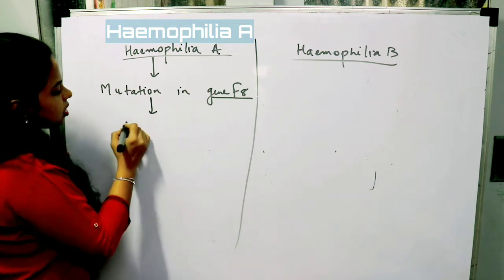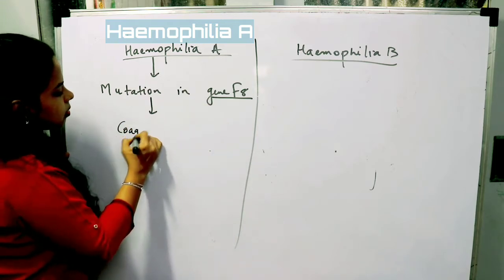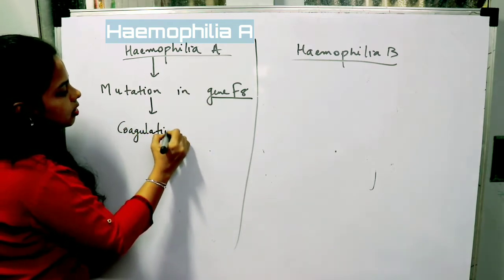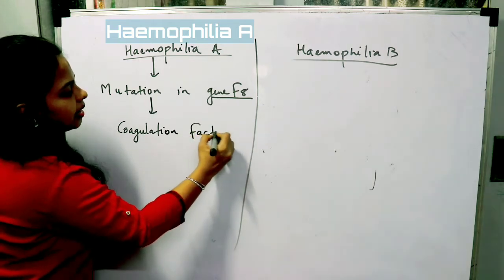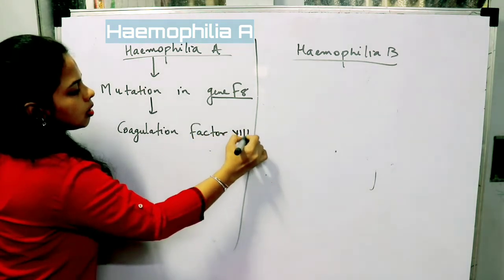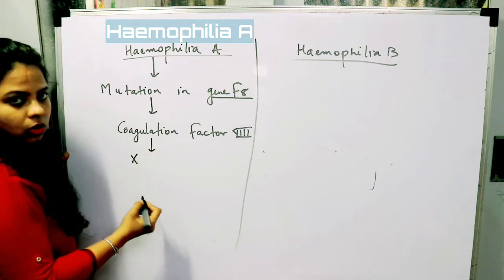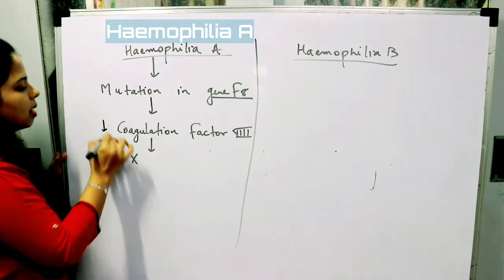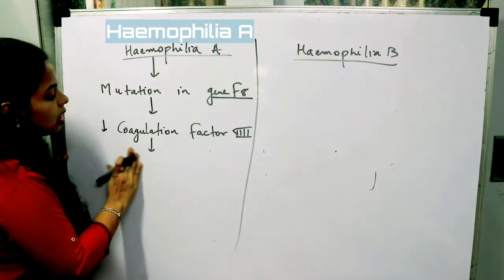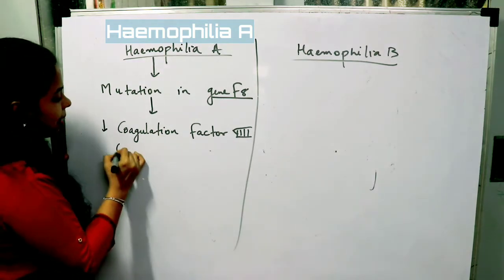Due to this, the blood coagulation factor 8 is not produced, or it is produced in less amount, or this factor is abnormal.